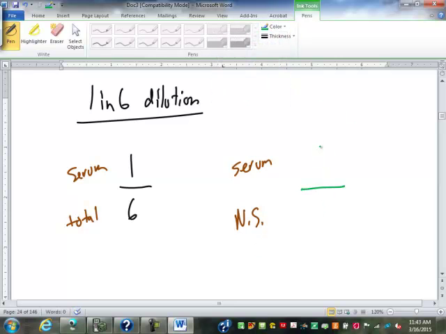Well, that ratio, we would have 1 part of serum still. The parts of water or saline that was added to it would have to be the difference between the serum and the total. Well, if out of 6 total parts, if 1 part is serum, the other 5 parts has to be water, or in this case, saline. So the ratio of serum to saline is 1 to 5.